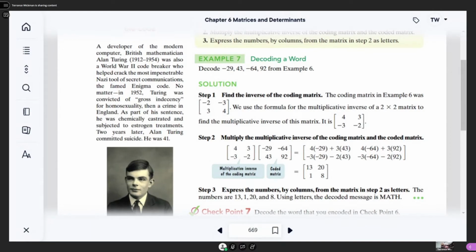It says finding inverse matrix, which is -2, 3, and so on, and multiply it times our -29, -64, 43, 92. So the coded matrix for us, we said was B. We're going to create C matrix.